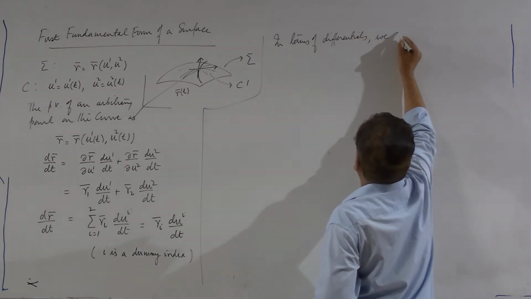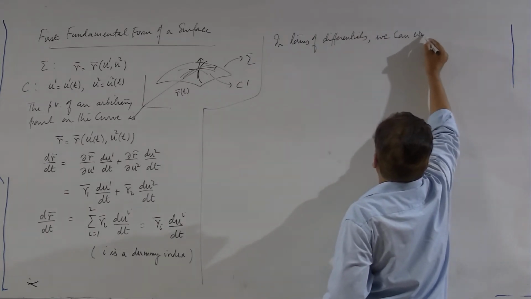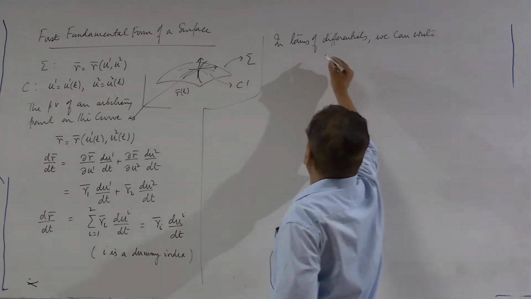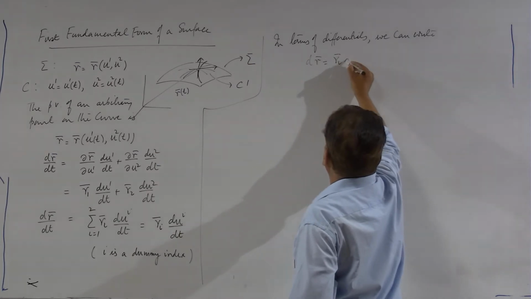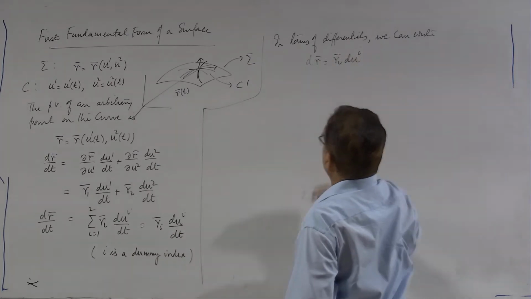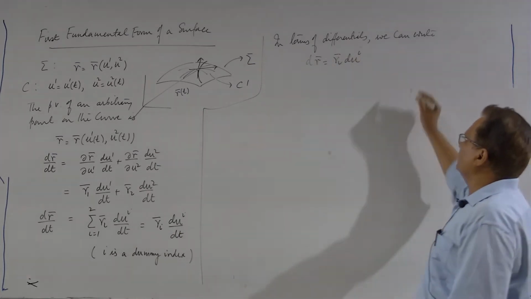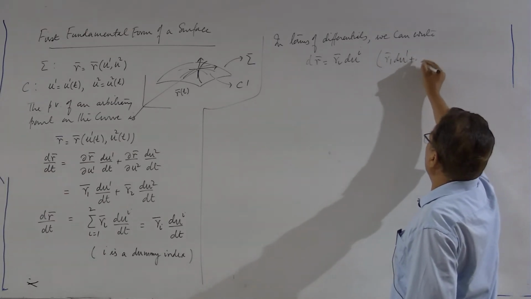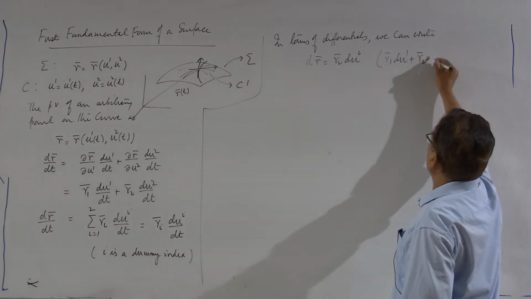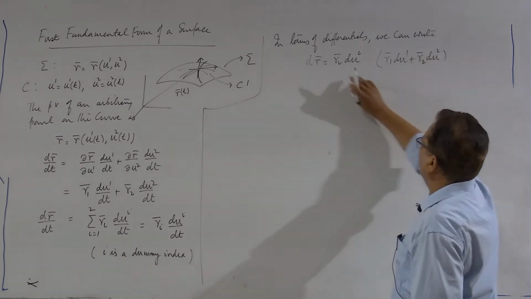we can write dr equal to Ri dui, which is actually R1 du1 plus R2 du2, but all the time I will write like this.